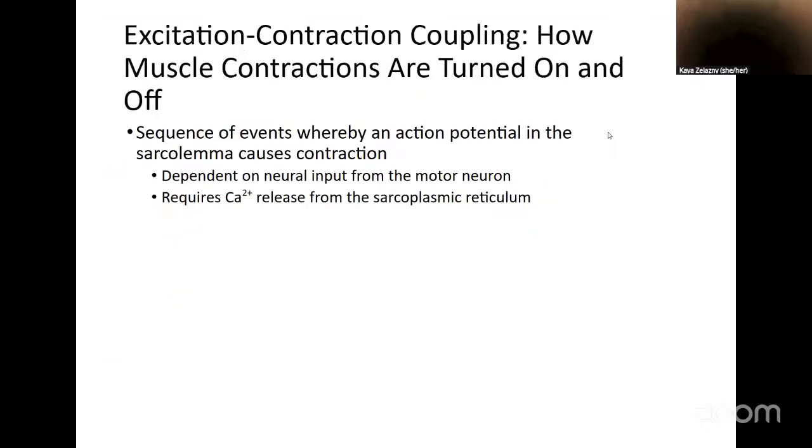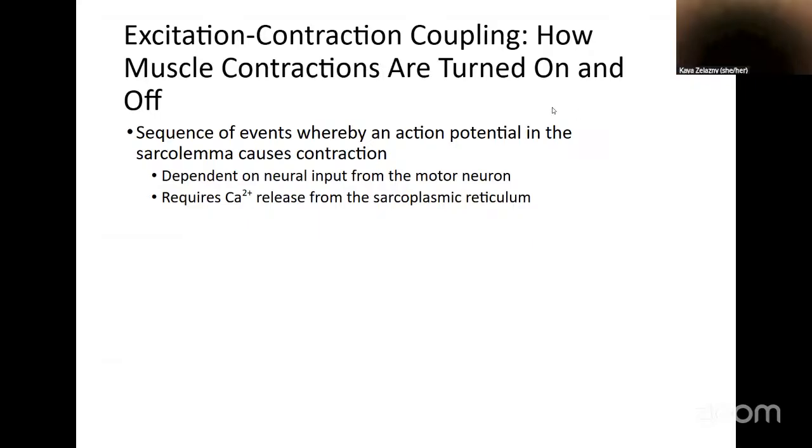Okay. But for today, we want to link up what we talked about with our neuromuscular junction and the somatic nerves to what we now know about how our muscle fibers contract using this cross-bridge cycle, shrinking our sarcomeres.